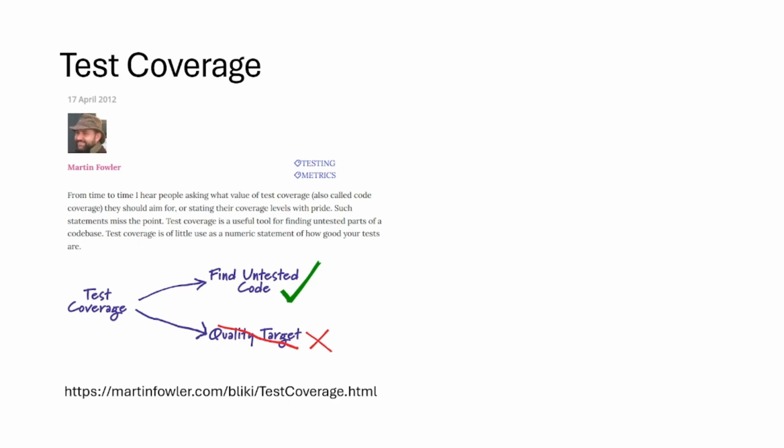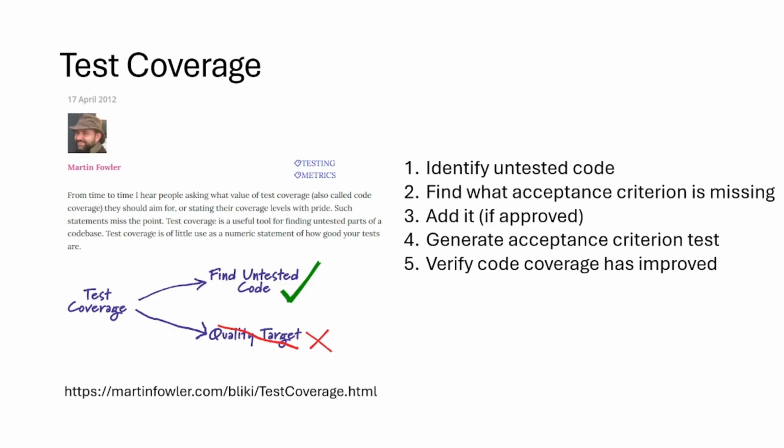So what you need to do, once you have identified this untested code, is find an acceptance criterion that is missing. Because apparently there was code there for some reason, and there must be an acceptance criterion, or the untested code is there for no reason whatsoever, and then it should just be deleted.